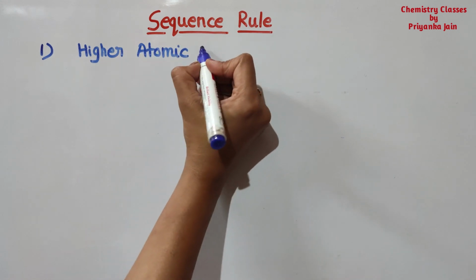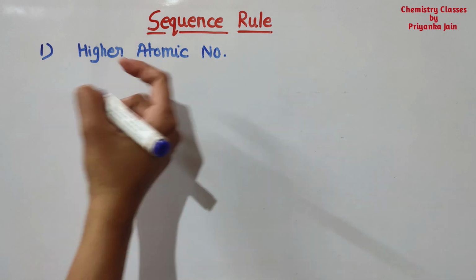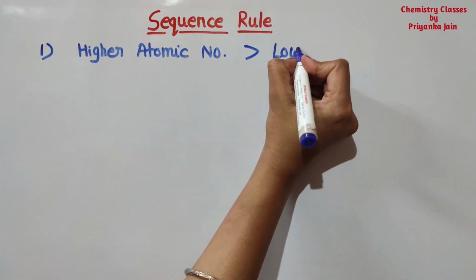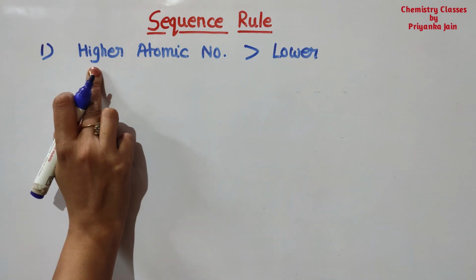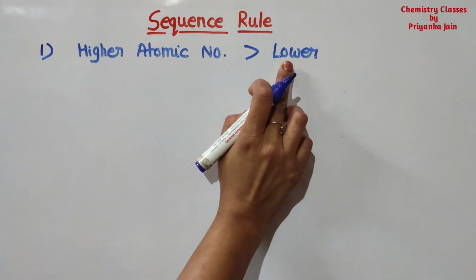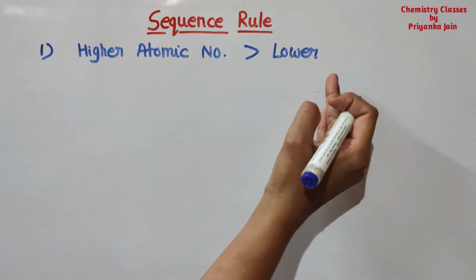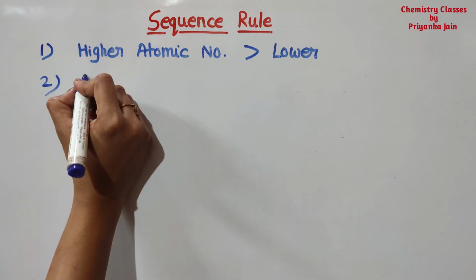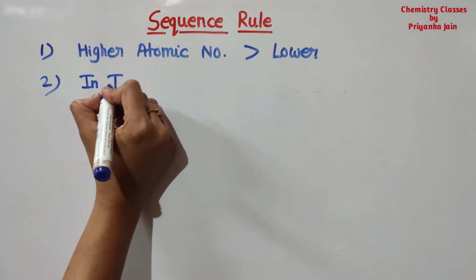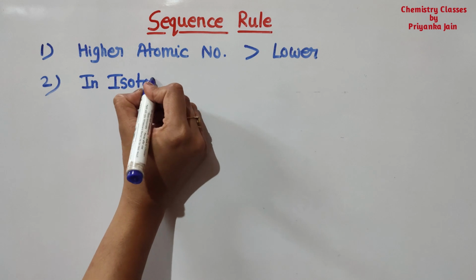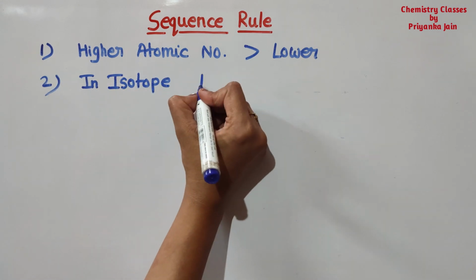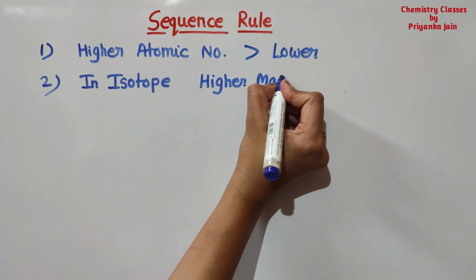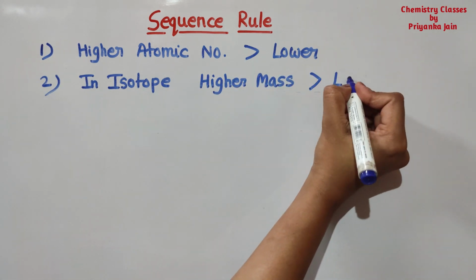It means if two groups are attached and one is of the higher atomic number and another one is of the lower atomic number, then the higher will be given number 1 and the lower atomic number group will be given number 2, right? Okay, the next rule is that if we have given two isotopes, then the higher mass will be given more priority as compared to the lower mass.